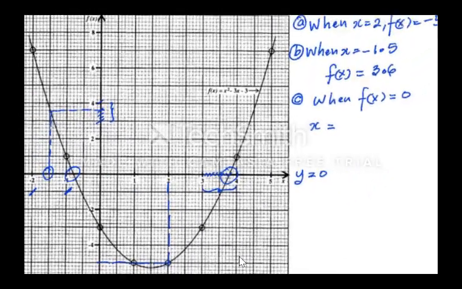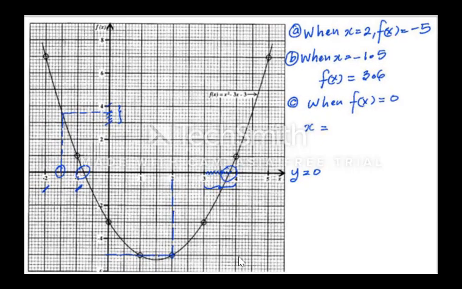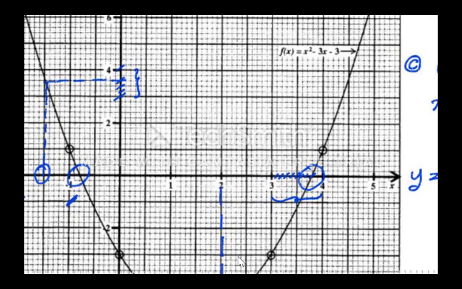So one of my values would be 3.8. When f of x is 0, x is 3.8. Let's get the other answer. The other answer would be here. All right, so it doesn't reach 1 yet, so it's 0. Remember, each smaller division is 0.1.